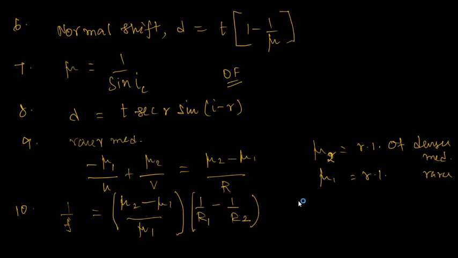Next one. Let me consider the lens formula, the direct formula, lens formula, that you know very well. So if you are given u and v, you can easily find out. So 1 by f is equal to 1 by v minus 1 by u.